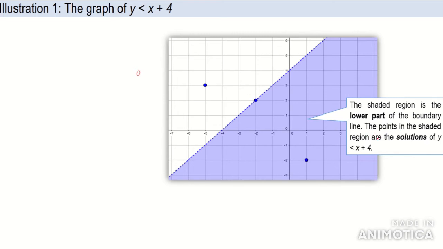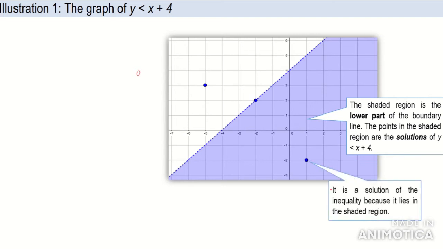The points in the shaded region are the solutions of y is less than x plus 4. We can test one of the points. We have found out that the points lying on this lower half plane are the solutions to the inequality.